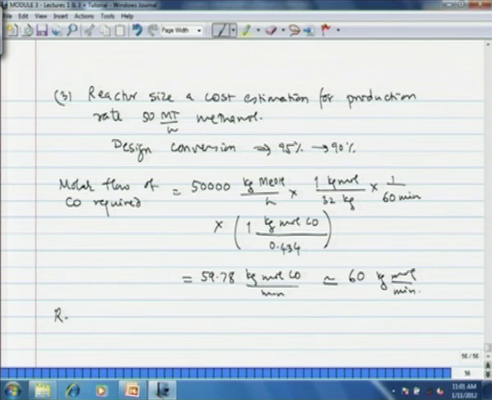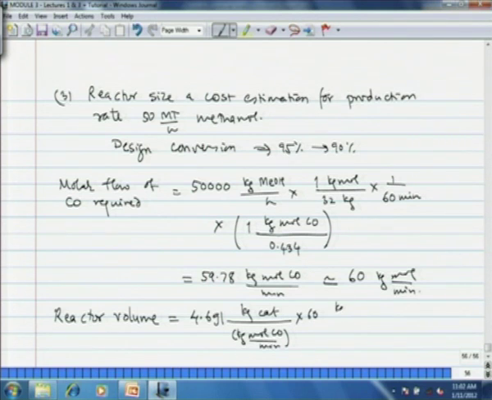So, the reactor volume can be estimated on the basis of catalyst weight that we need divided by the packing density of catalyst that has been given to us as 700 kg per meter cube. 4.691 kg catalyst per kg mole CO per minute, into 60 kg mole CO per minute, divided by 700 kg catalyst per meter cube reactor volume.